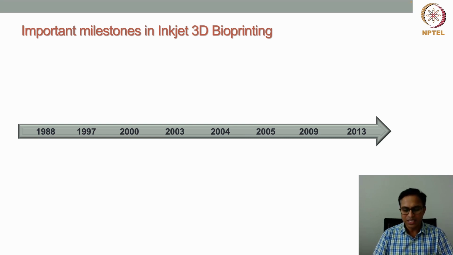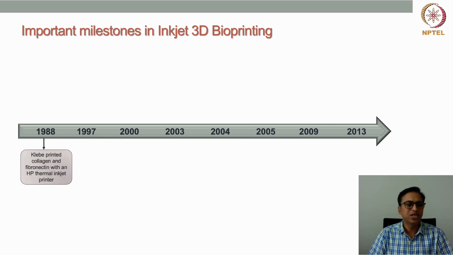So we'll see that. It started around 1988 when Klebe and his group first found that the HP thermal inkjet printer can be used for printing biomaterials like collagen and fibronectin. That was the very first attempt at printing biomaterials or biomolecules with an inkjet bioprinter.